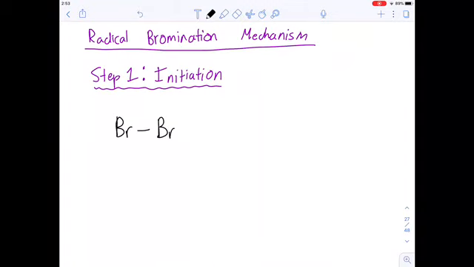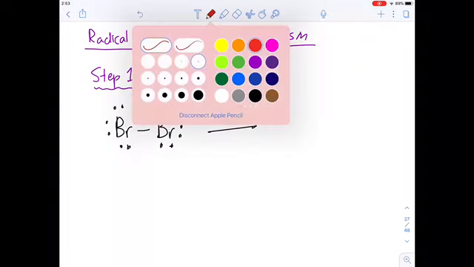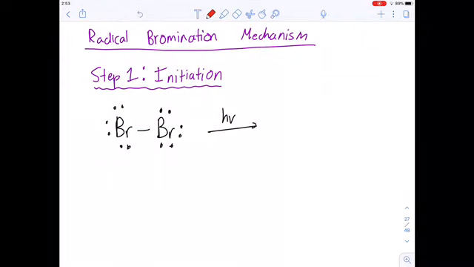Okay. So you start with Br2, in the presence of light, which is the same as hv.